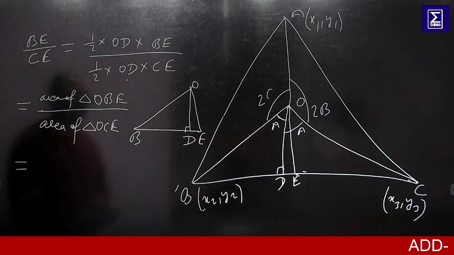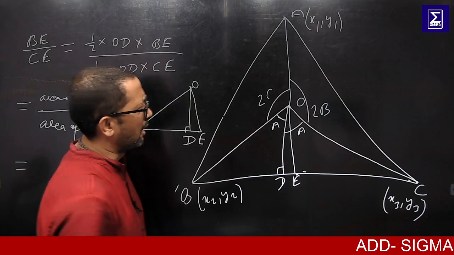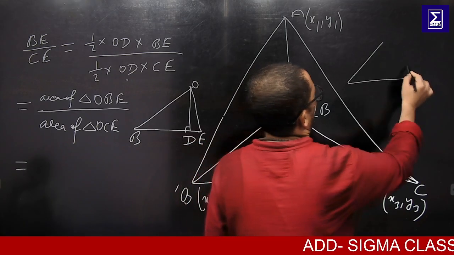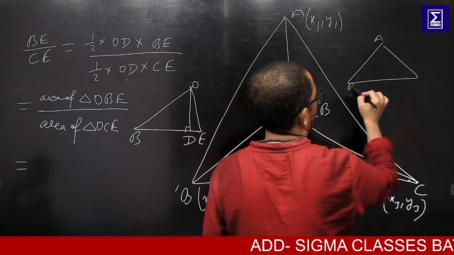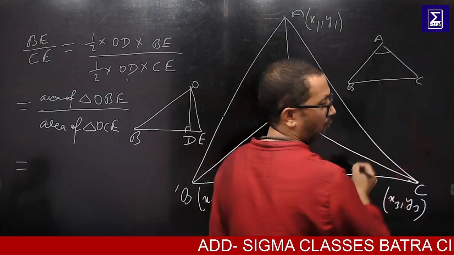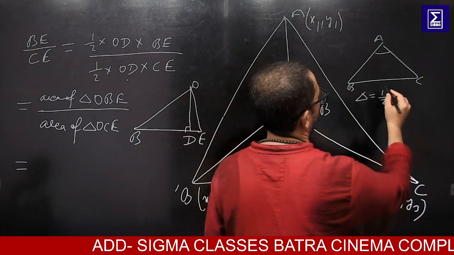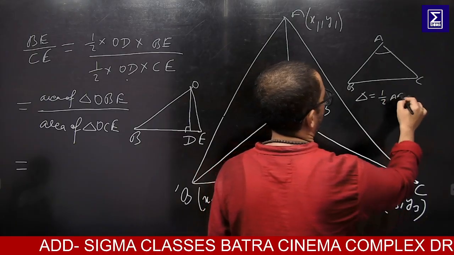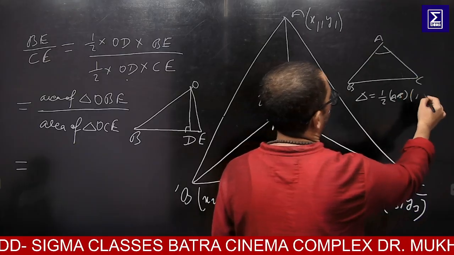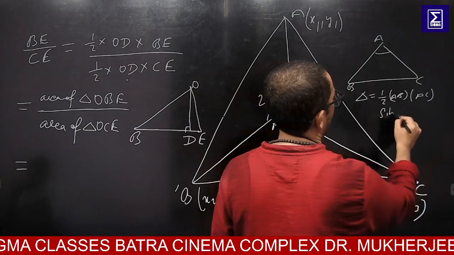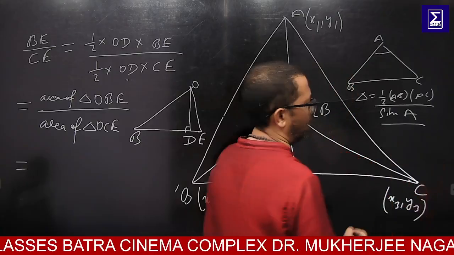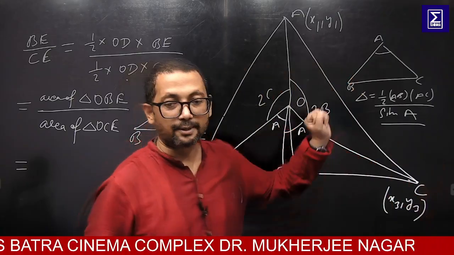Now what is the area of a triangle in another way? I will tell you. This is our triangle, let's say ABC, and if you know this angle, then the area of the triangle is half times AB times AC times sine A. Are you aware of this formula in trigonometry?